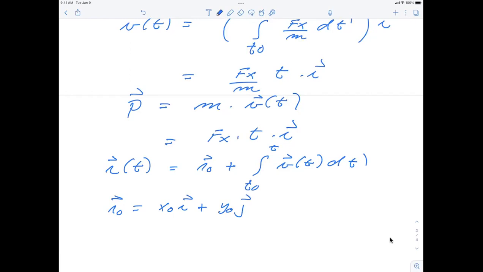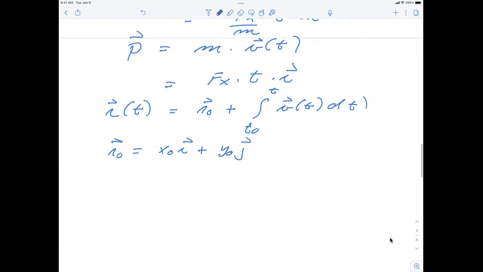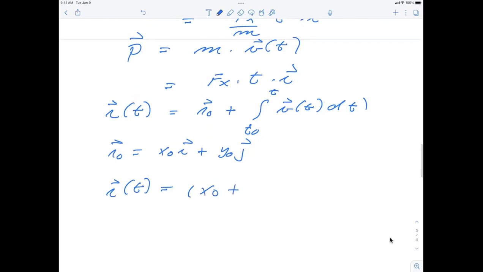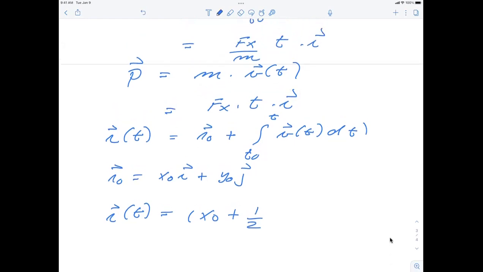So when I now integrate up, what I'm going to get is that R of t is going to be given by an x0. And now I integrate up the term which you see here. So I get obviously a 1/2 times t squared times f of x. So I'm going to get plus 1/2. Now I have to be a little bit careful here, because in this expression I looked at the momentum, but I have to include this term f of x divided by m, because the line below was just the definition of the linear momentum.